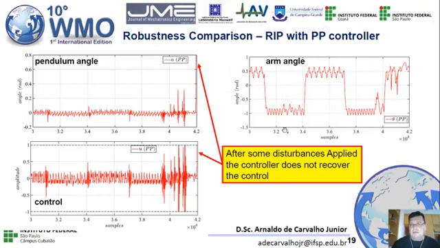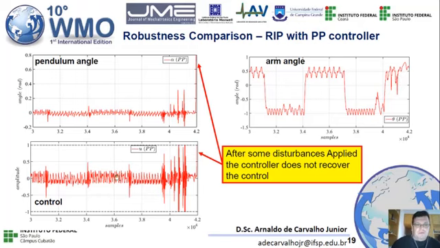You can see the arm follows the square wave reference, but we applied some disturbances directly to the pendulum, and these disturbances reflect in some movements in the arm to try to absorb the impact of the disturbance while the controller tries to control the system. So you can see these peaks here in the movement of the arm.